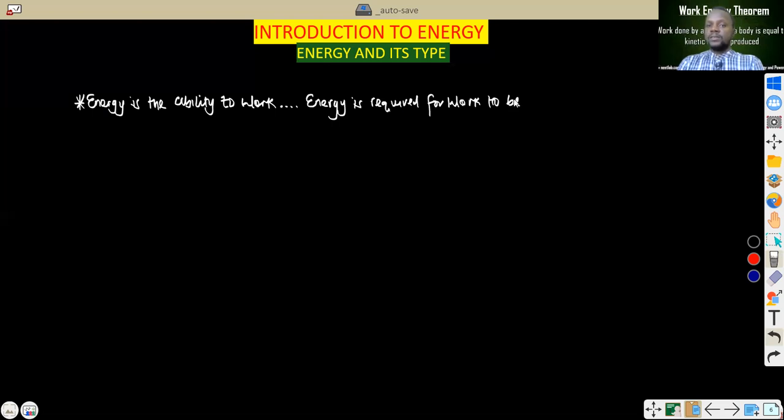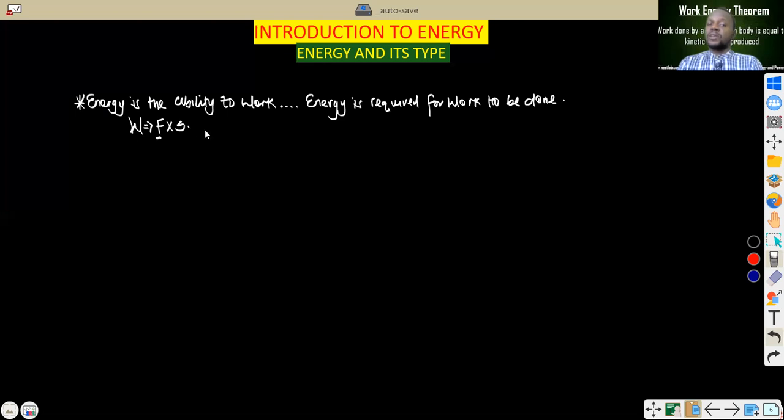We can also note that you need energy to generate a force, which is needed to do work. Remember, we talked in the previous slide that work is given by the product of force and displacement, which you can write as a dot product, F dot S, or F s cos theta.